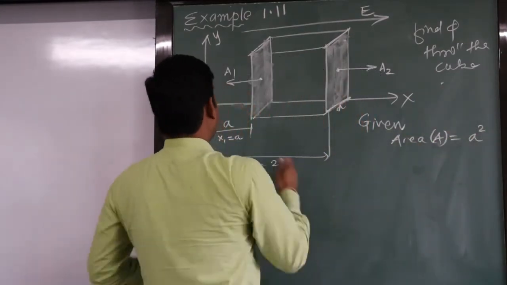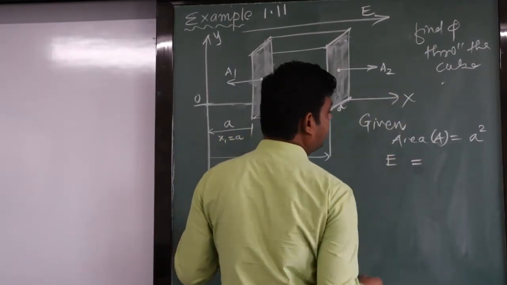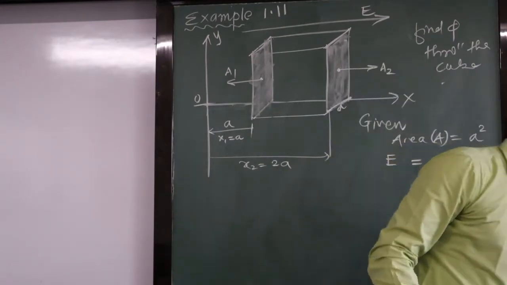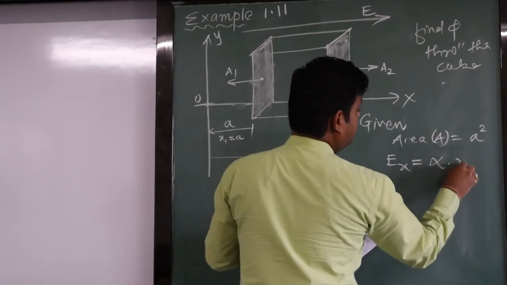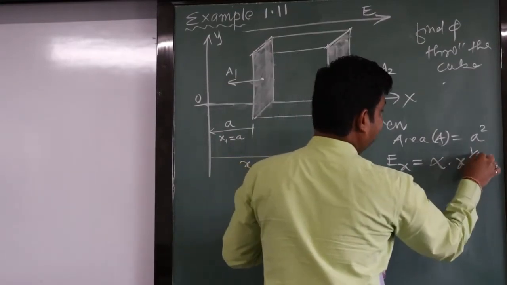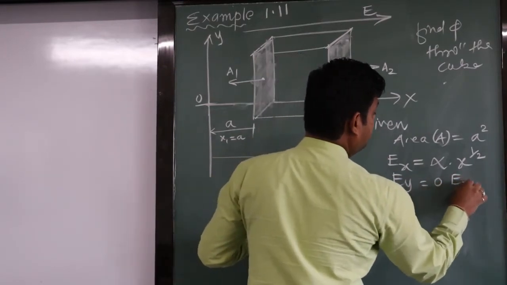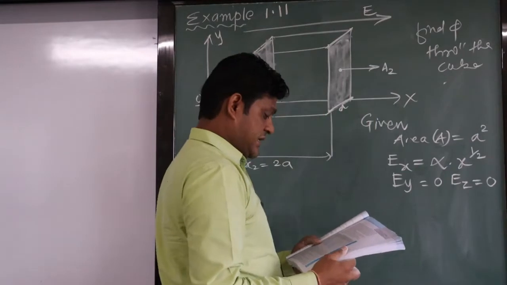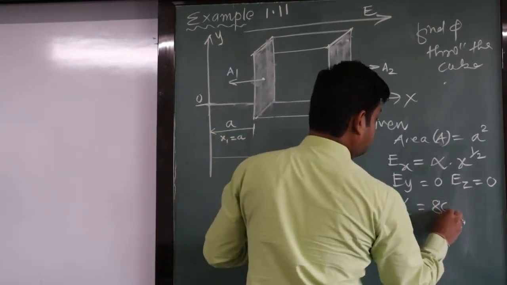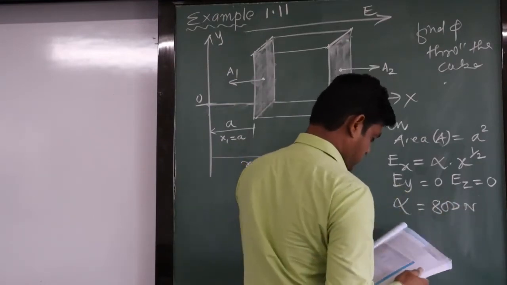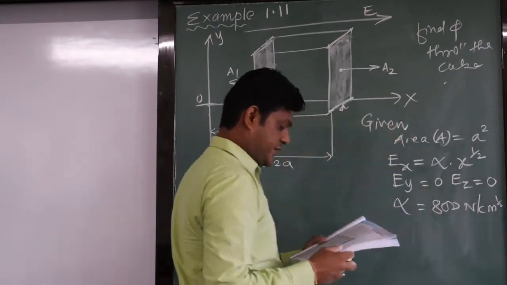The direction of electric field is along the positive x axis, and E is given as alpha into x raised to half. Electric field along y equal to 0, electric field along z equal to 0. The value of the constant alpha is given, alpha equal to 800 Newton per Coulomb meter raised to half.